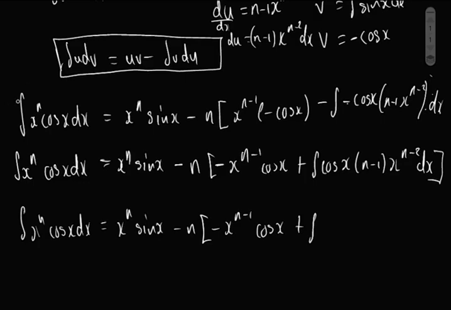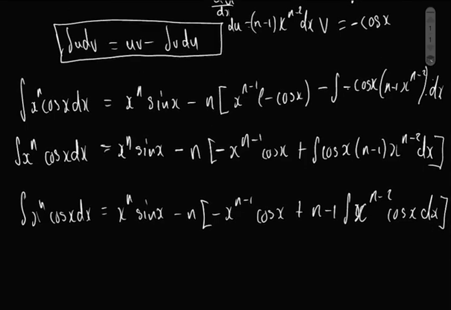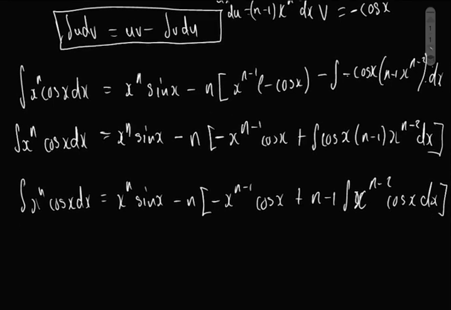Before we put the integral, we take out the constant, which is n minus 1 now. So plus (n minus 1) out, the integral of x^(n-2) multiplying cos x with respect to x. Okay, and that's how it is.